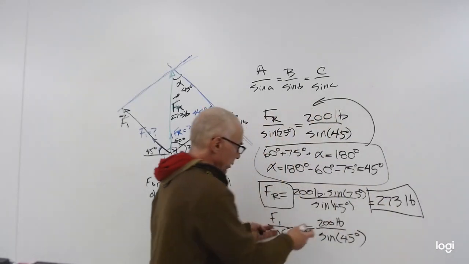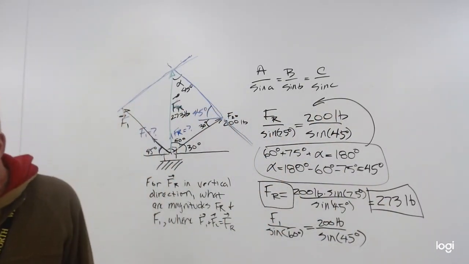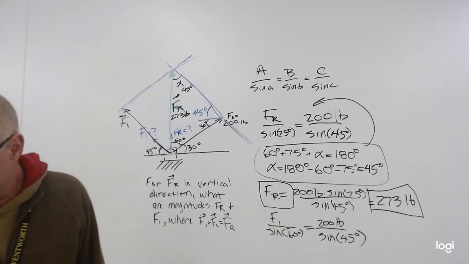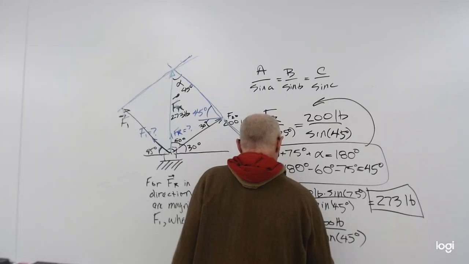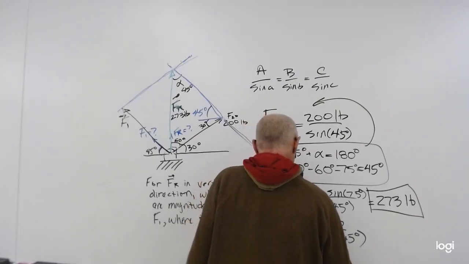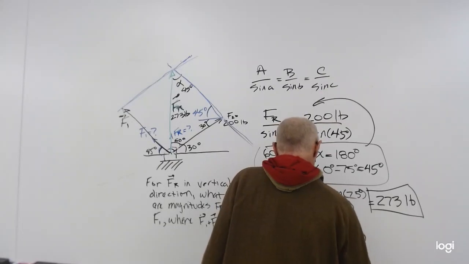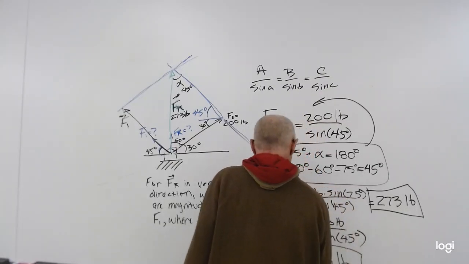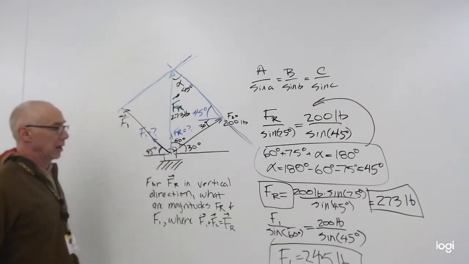Then we can do the algebra here, and I'll just write the answer, and you can verify it to be sure that you know it. You should get f of 1 equals 245 pounds. Okay, so that's our other answer, which is the magnitude of the resultant vector.